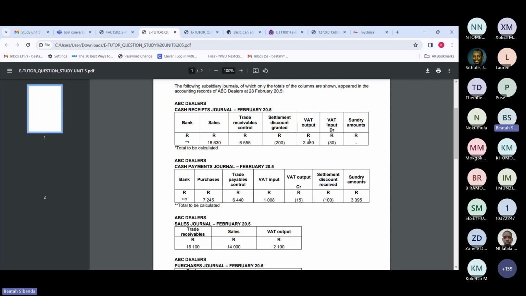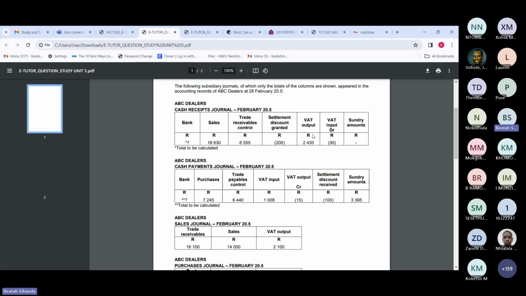So you have credited your VAT output, and then you debit your sales. If you debit your sales with the discount granted, you are reducing the money that you expect to receive. Because VAT output is charged on the amount that you expect to receive, if you reduce that amount, it means the amount that you must pay must also be reduced.